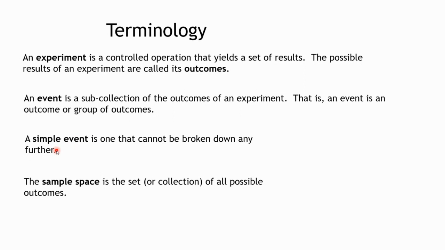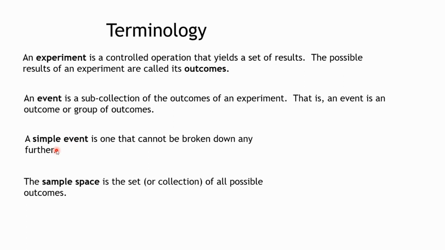So when you're looking at outcomes, let's say rolling a die, rolling a 1, well, you can't break that down any further. It's not like the event of rolling a number less than 3. How can that occur? You can get a 1 or a 2. We were able to break that event down into two outcomes. That's why rolling a number less than 3 is not a simple event.